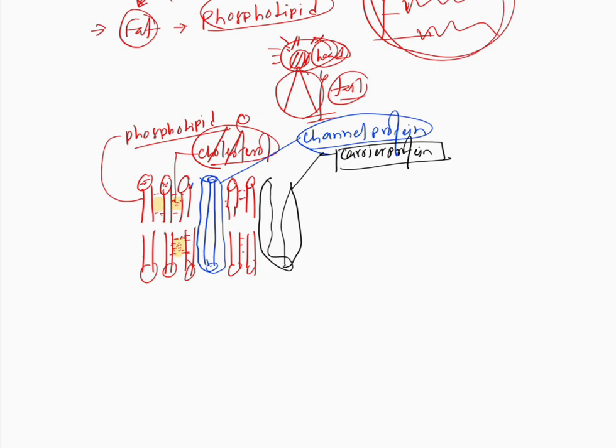Okay, so phospholipid, and so on. Yes, there is still cholesterol. I'm just giving a few. There is some structure in the cell membrane like this: a protein having some carbohydrate chain in it.